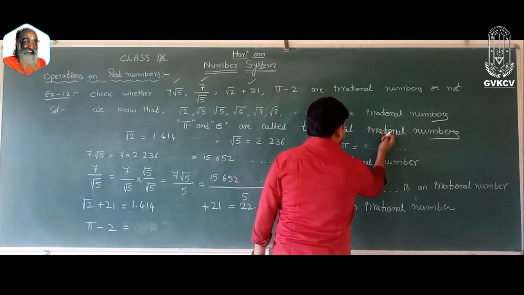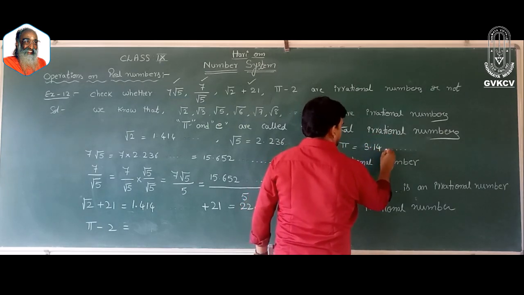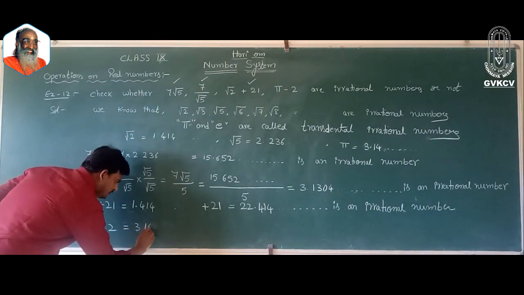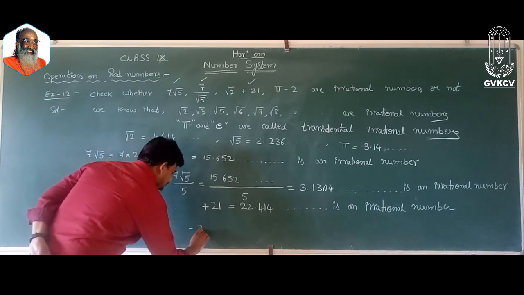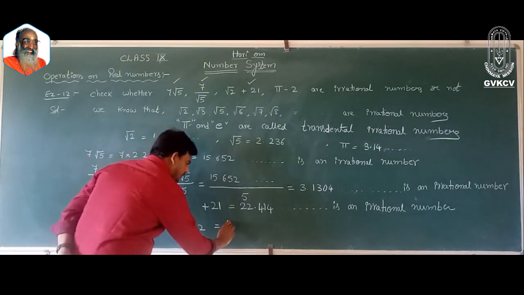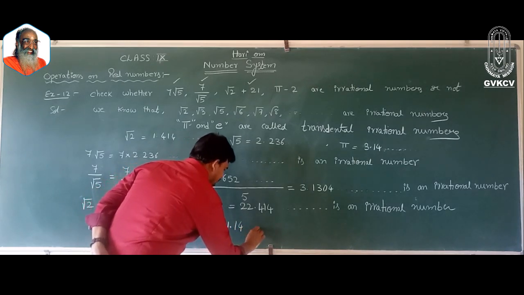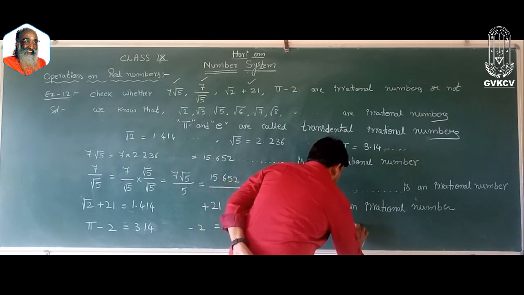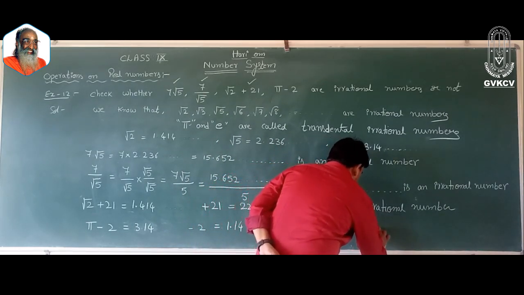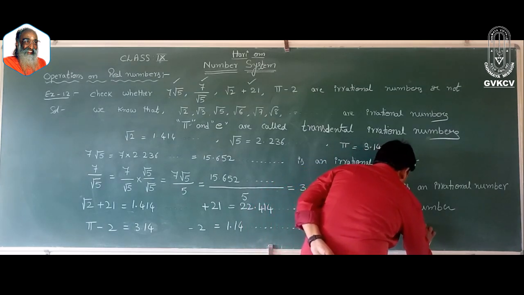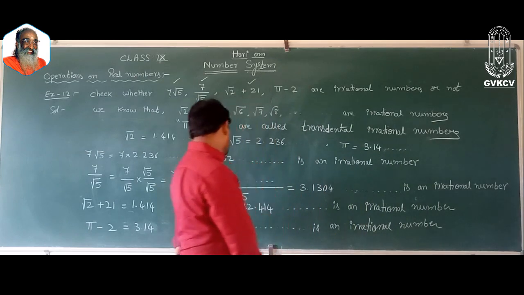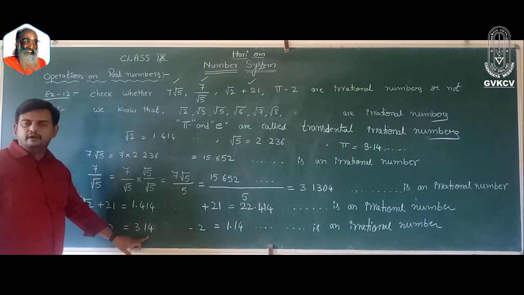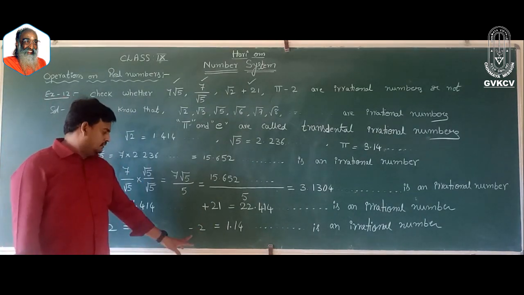Pi value is 3.14 and so on. So 3.14 and so on minus 2, that is nothing but 1.14 and so on, which is also an irrational number, because the value of pi is approximately 3.143 and so on, minus 2.